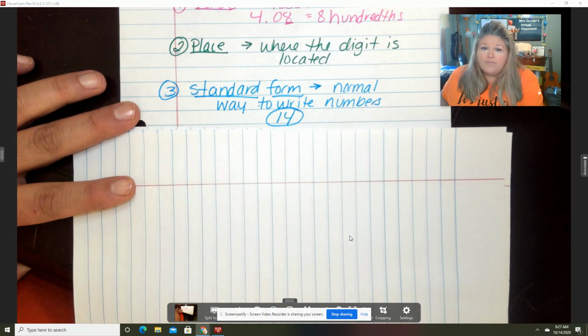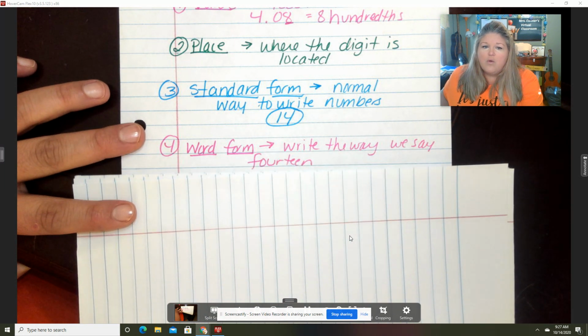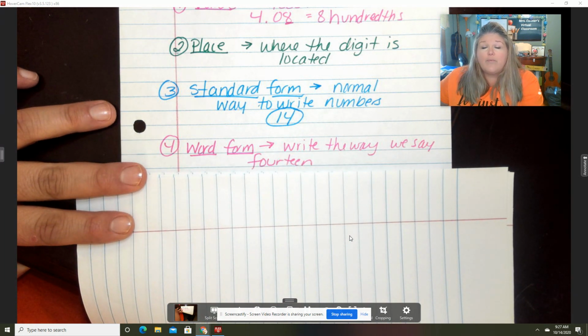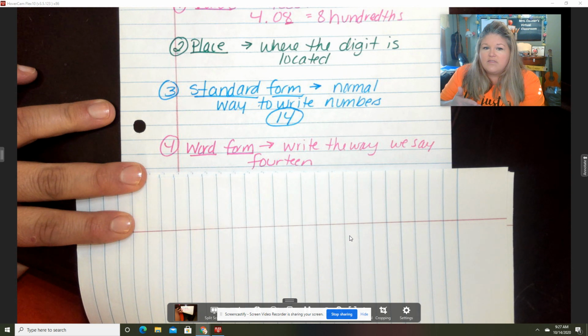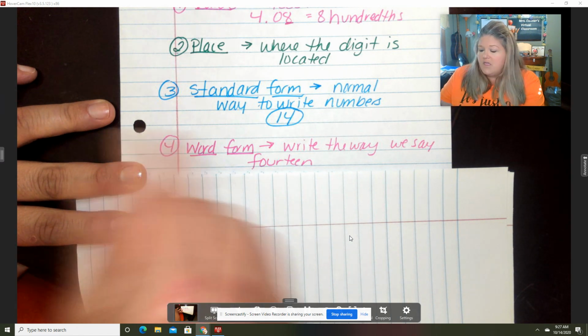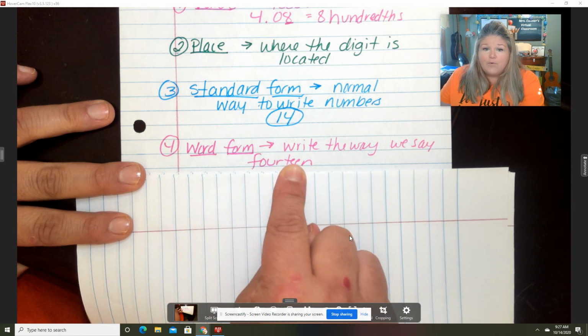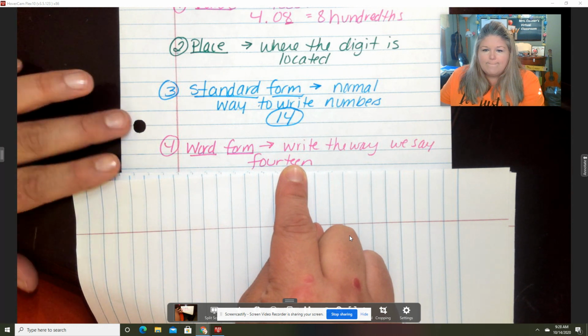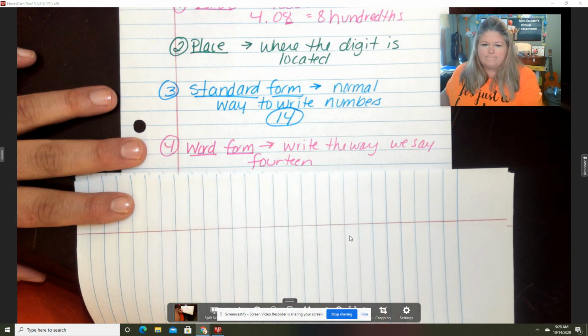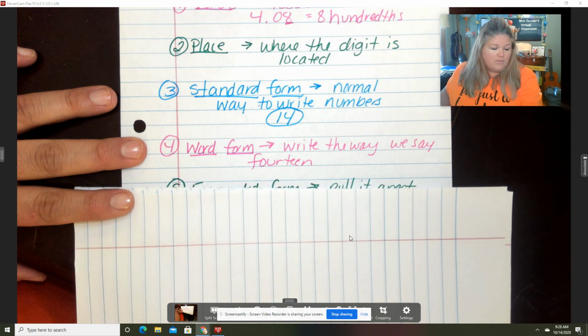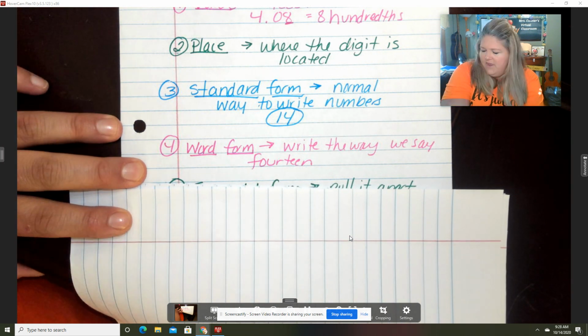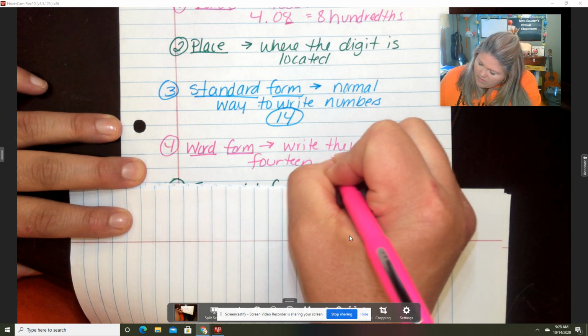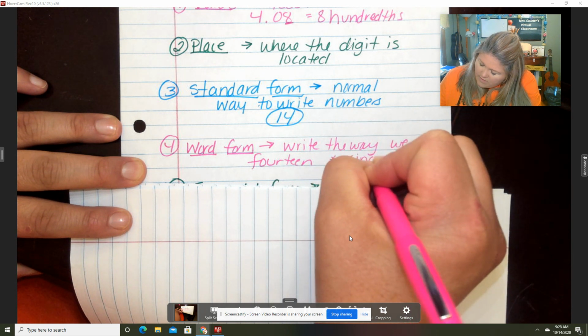So 14. Word form is the way that we write the number as we say it. So we say 14, we would write out fourteen, using words.